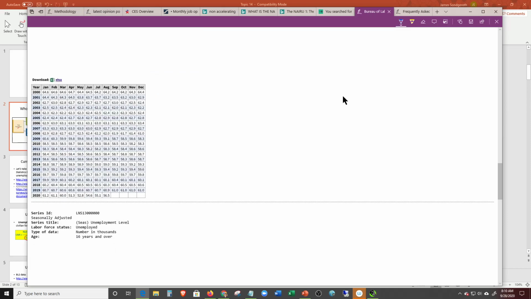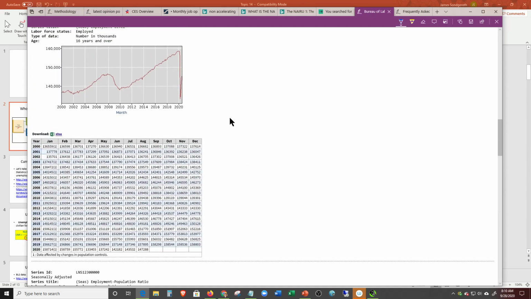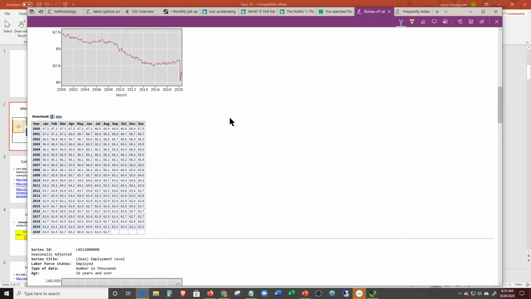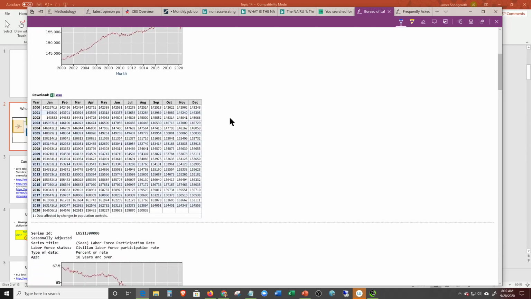Unemployment level. Number in thousands. If you divided these numbers, I guess it would make the unemployment rate bigger, given if the civilian labor force dropped, okay?